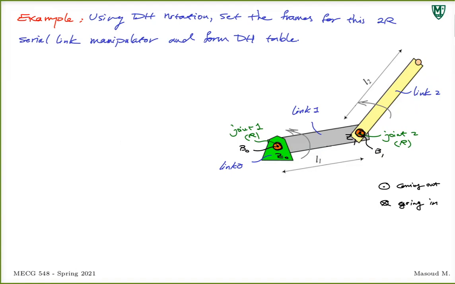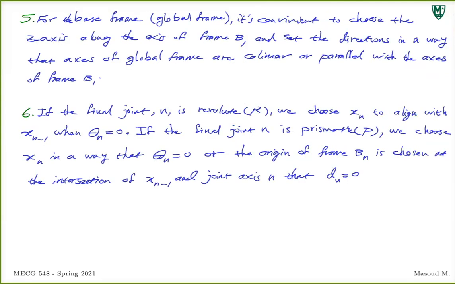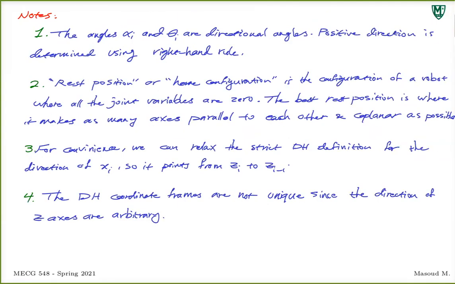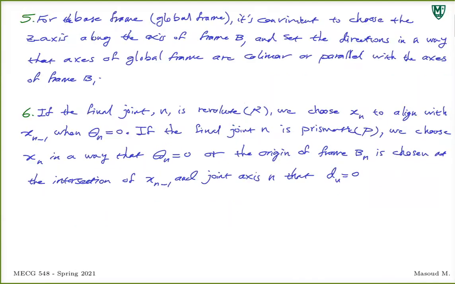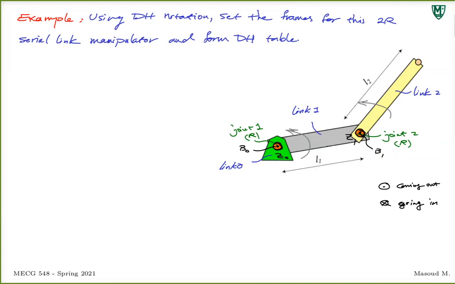As I said, the direction of z is arbitrary. You could take the other direction as positive, so z goes into the screen. That works. That's what I mentioned in point 4: the frames are not unique because the direction of the z-axis is arbitrary. We know the line that the axis is aligned with, but not the direction. Direction depends on which direction you take as positive. This is what I did.